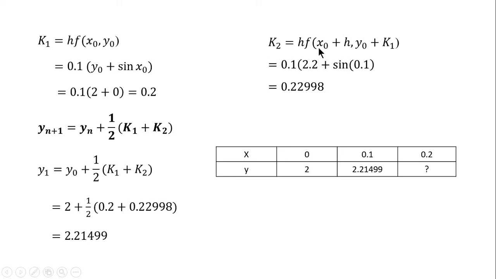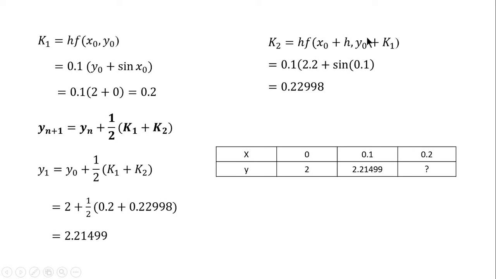k2 is h into f of x0 plus h, comma y0 plus k1. x0 plus h is nothing but x1, which is 0.1, and y0 plus k1. y0 is nothing but 2, and k1 we have obtained, it is 0.2. So y0 plus k1 is 2.2. So here x will take the value 0.1 and here y will take the value 2.2.